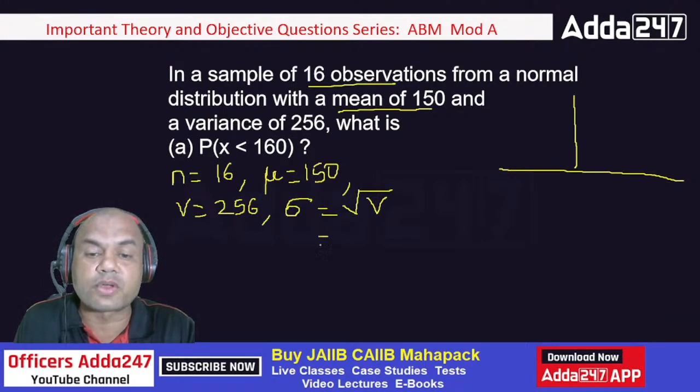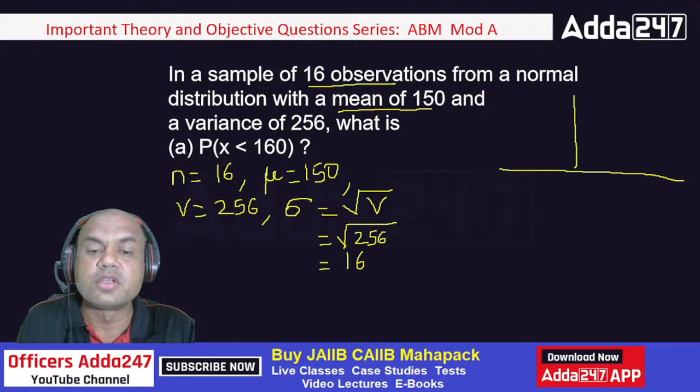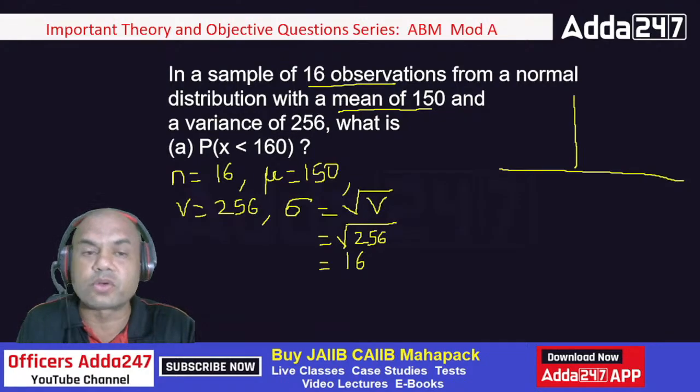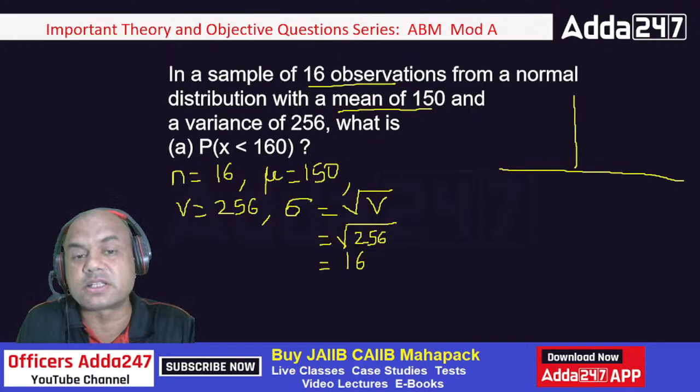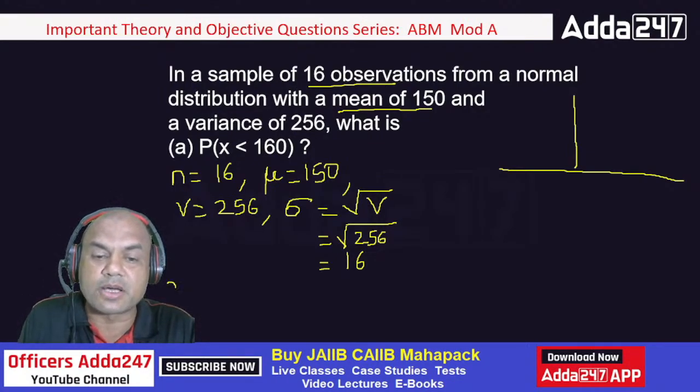The square root of 256 is equal to 16. So I get the standard deviation as 16. Now what is required? I want the probability less than 160. This 160 is known as X bar.